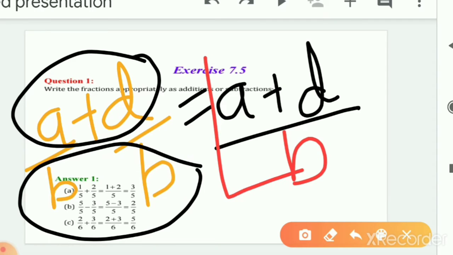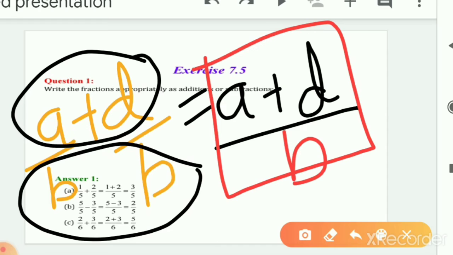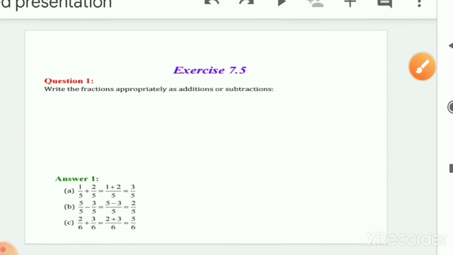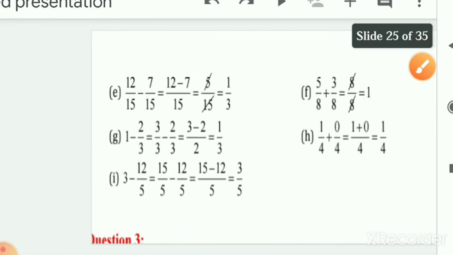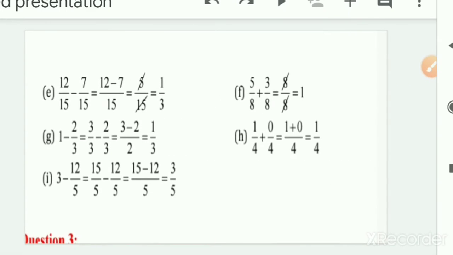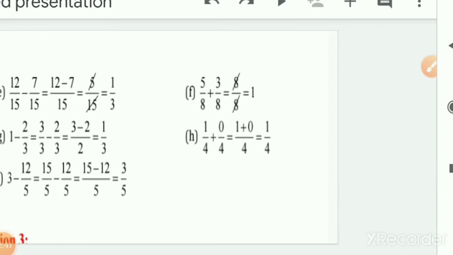So our answer will become a plus d upon b. You add a plus d and divide it by b. We have already discussed how to solve these questions, so let's discuss this question today.